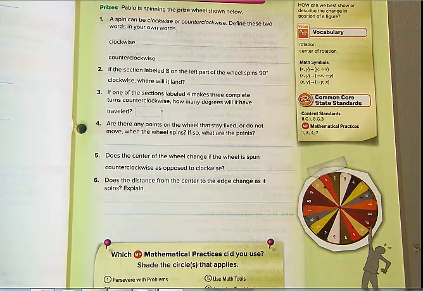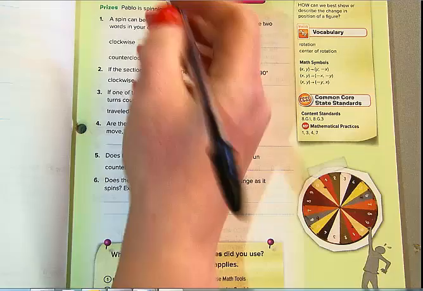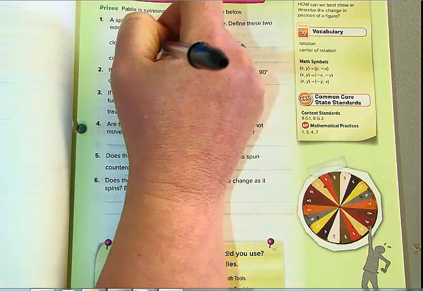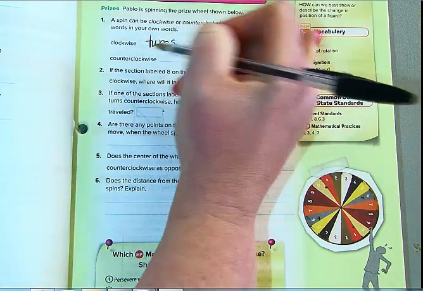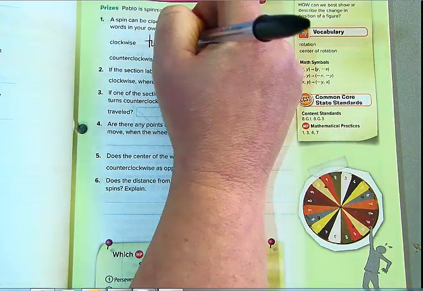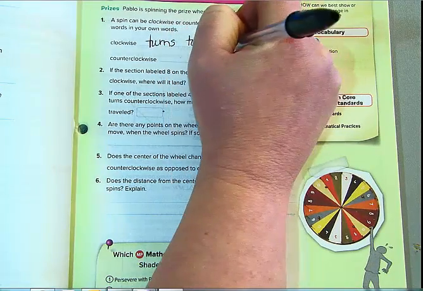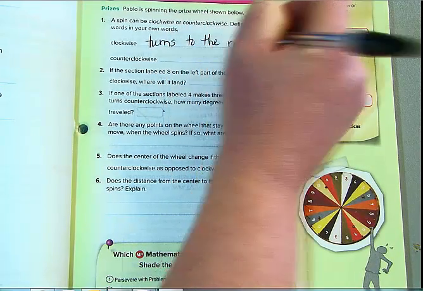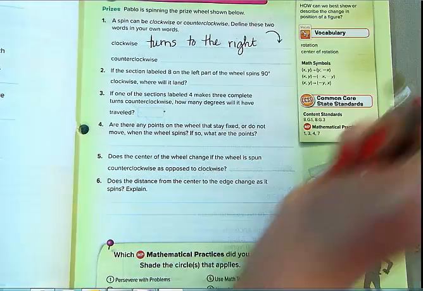Well, if you think of a clock, and I know that most of you only know digital clocks, but if you think of an analog clock, the one that is round with the numbers around it, to go clockwise, the hands are moving to the right. So a clockwise rotation is when it turns to the right in this direction.